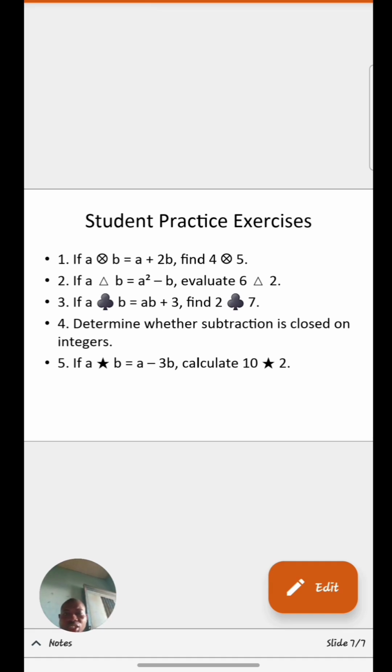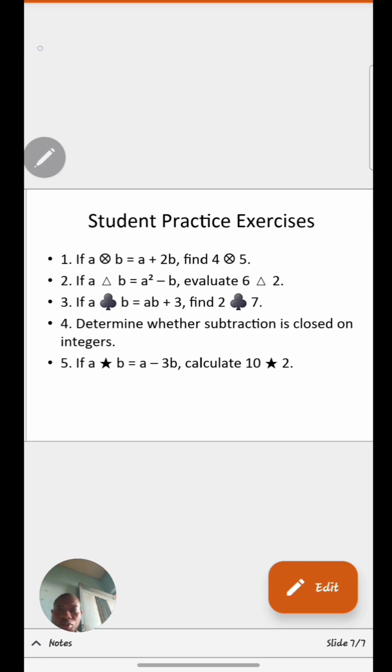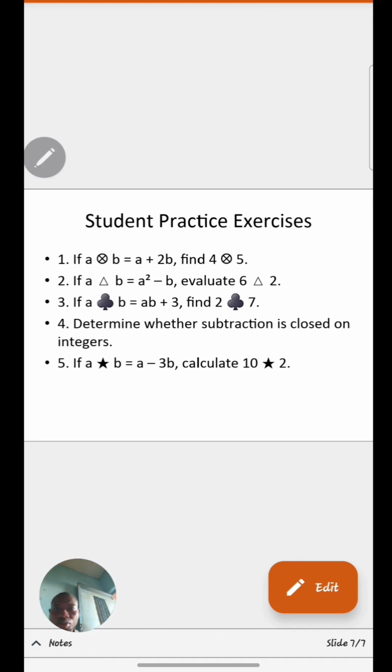So you can use any of the operations to determine that. I will do number 4. What are integers? Integers are positive and negative whole numbers.